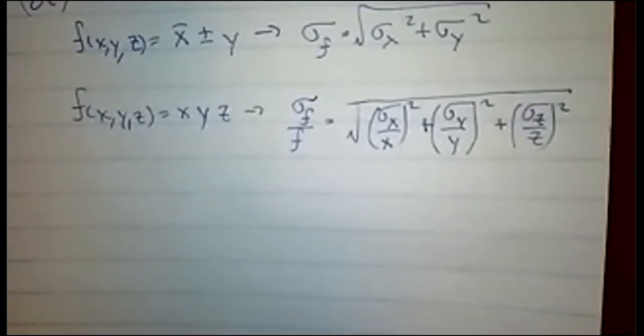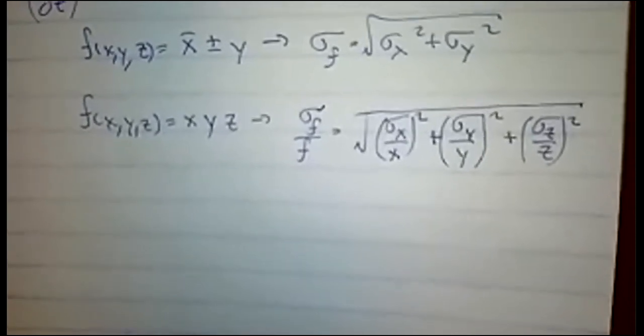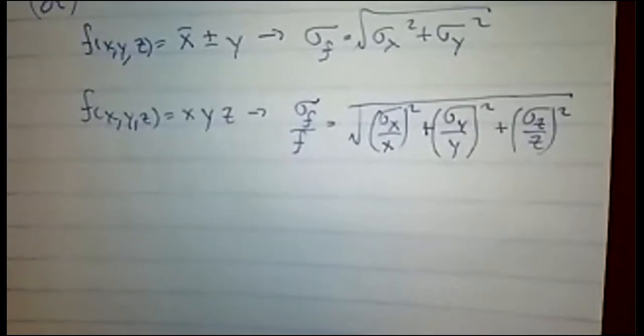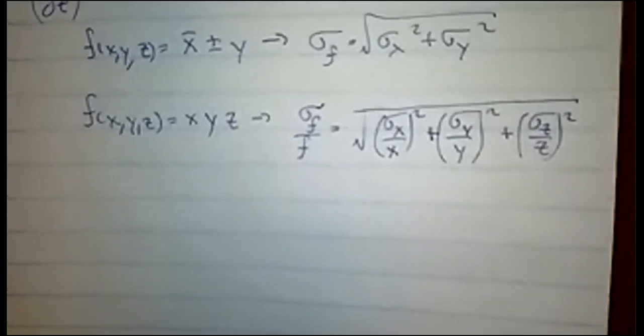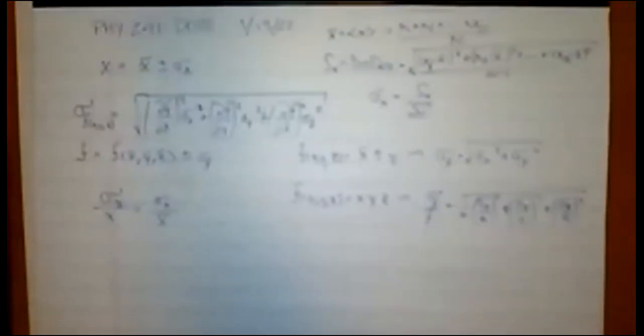That happens to work also with X over Y, or Y over X, or XY over Z, or Z over XY. All these formulas work this way when it's just pure multiplication and division. So that can avoid a lot of derivatives, but that's the main rules that we're learning.